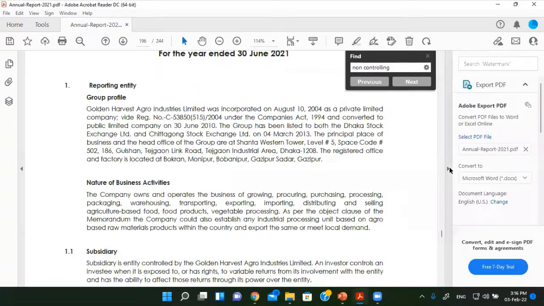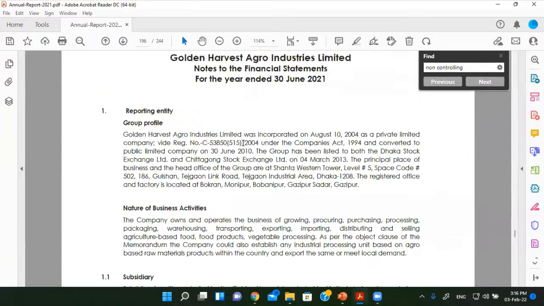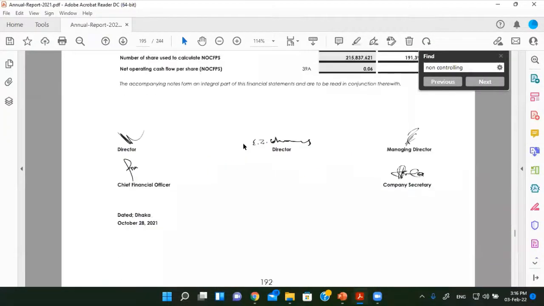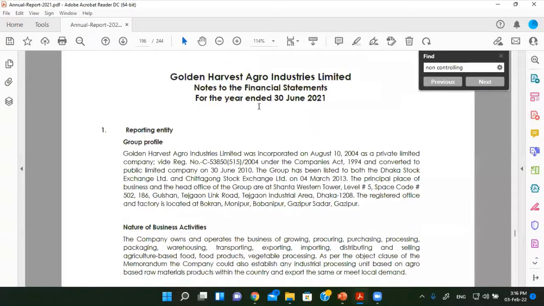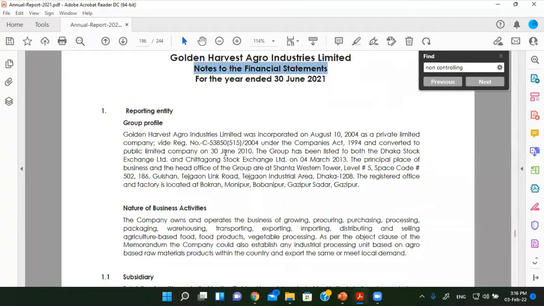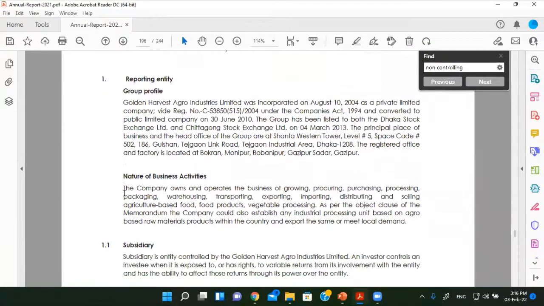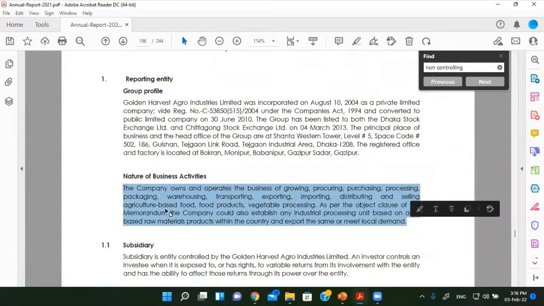This is the company I referred to you in the previous class. Okay. So after their financial statements, you see the financial notes, and these are the notes to the financial statements, and these are an integral part of the financial statements. Okay. So they will explain in the first note what they do, what is the nature of business activity.